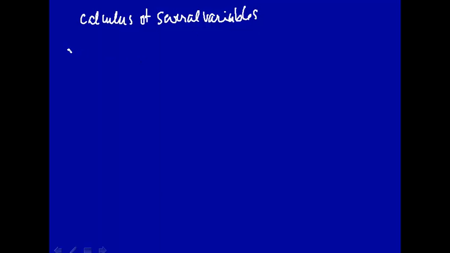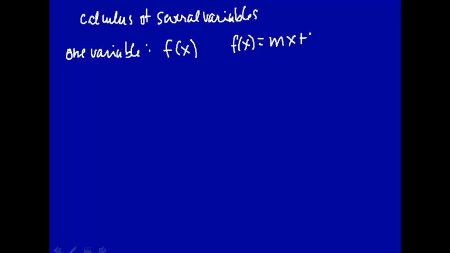Let's talk about one variable. We have a function of one variable, f of x. An example would be a linear function, f of x is equal to mx plus b. You can also have functions of more than one variable. Let's look at two variables.